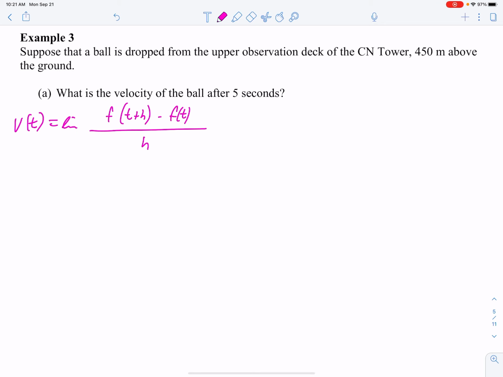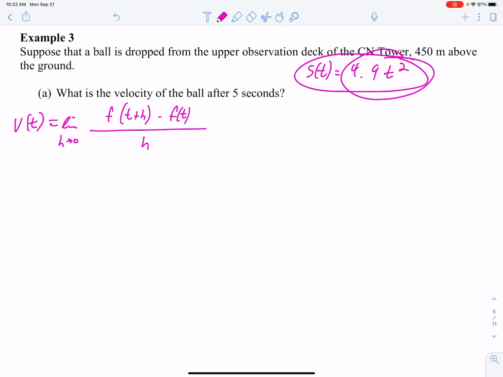Anyway, this is a formula we had from before. s of t, the position function with regards to time of a falling object, is 4.9 t squared. This is given. It's not something you have to have memorized. We're going to use this for f of t plus h and f of t in the limit.